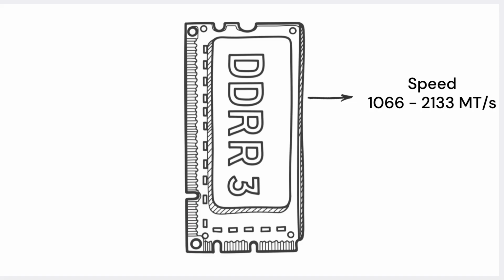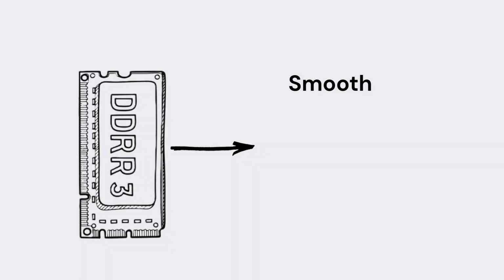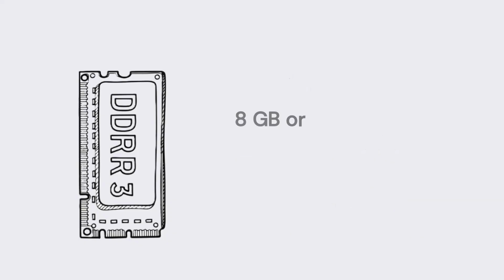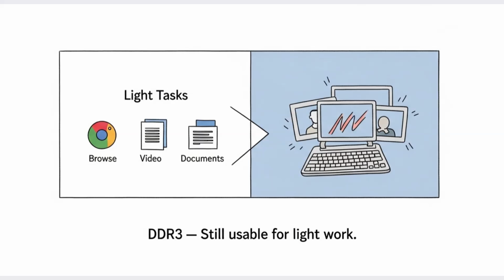That's the real data rate. Think of it as trips per second the memory makes. This is where RAM started to feel smooth, responsive, capable of real multitasking. With DDR3, you could browse with multiple tabs, stream video, use Office apps comfortably. Many older laptops still run 8 gigabytes or 16 gigabytes of DDR3, and for light tasks, that's okay.